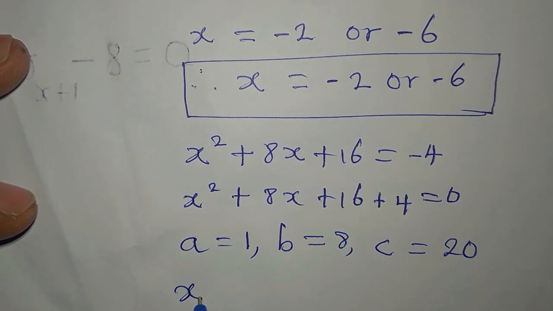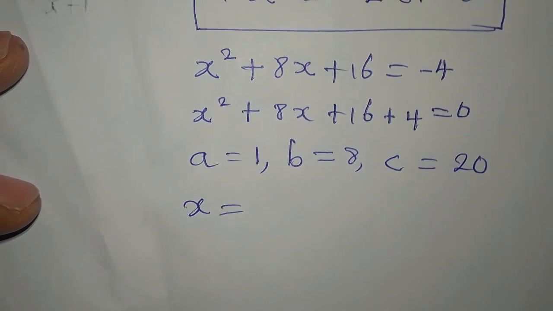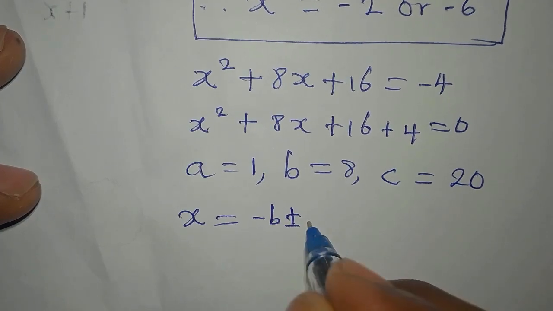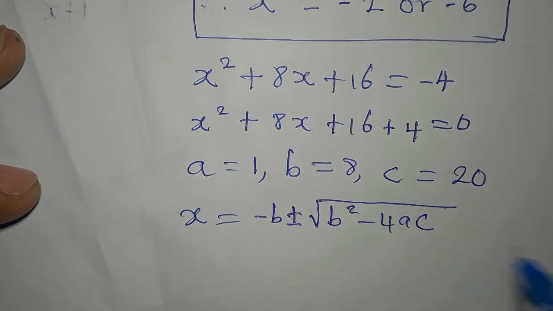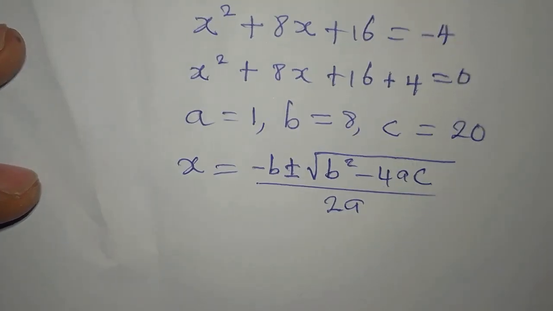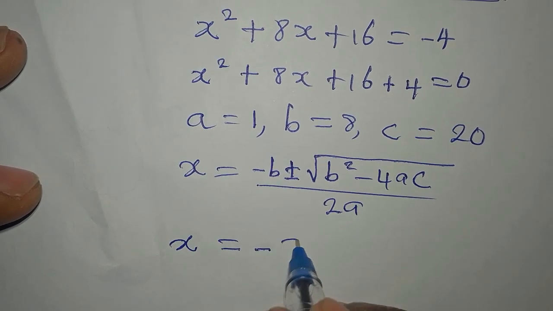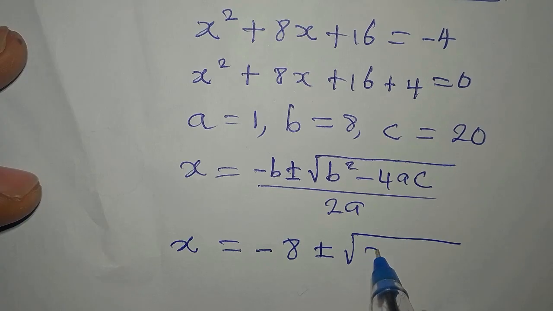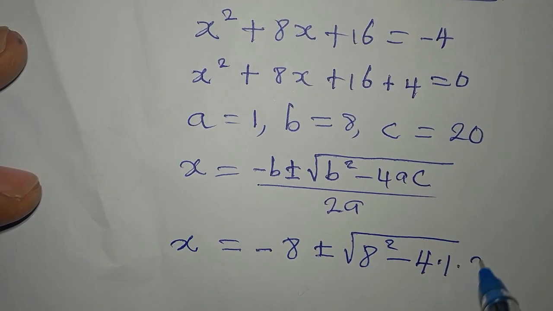And the formula still remains x equals minus b plus or minus square root of b squared minus 4ac all over 2a. So we substitute, and x will now be minus 8 plus or minus, we have from b squared, that will be 8 squared minus 4 times 1 times 20.